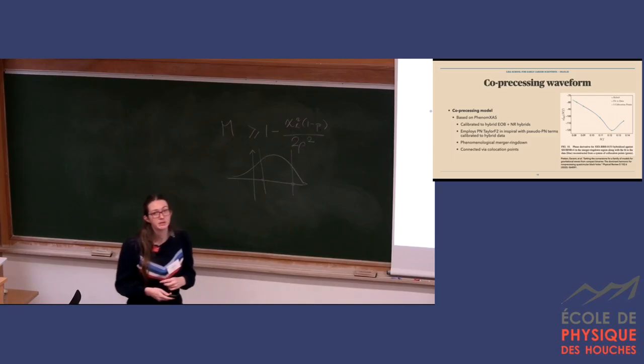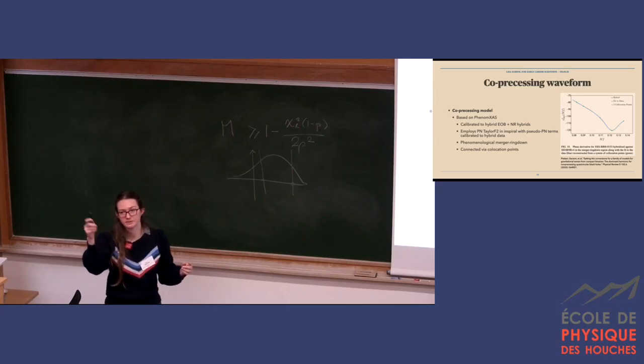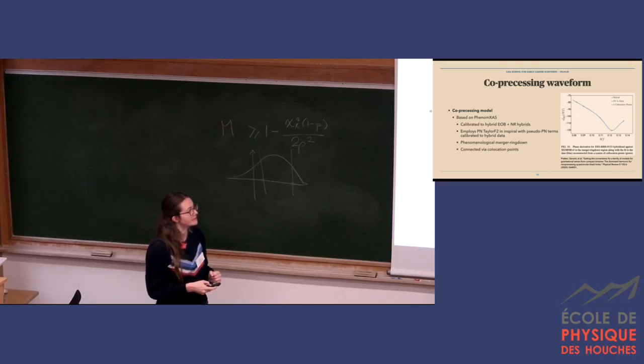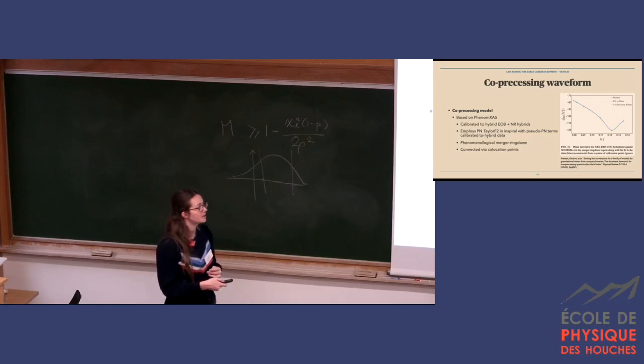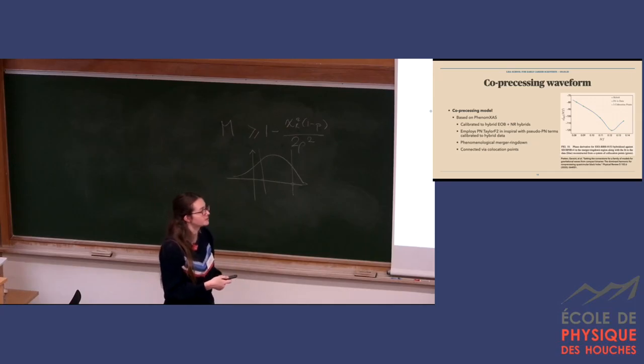Essentially what we do is we take intuition from the post-Newtonian part, where it's a power series in f to the power, so we have some of those terms, f to the power something, and then we have a Lorentzian at the end. We know that this Lorentzian is centered on the ring-down frequency of the system, so that's nice and neat. And then we calibrate the coefficients of both the Lorentzian and the terms in powers of f and come up with an ansatz for the whole thing.